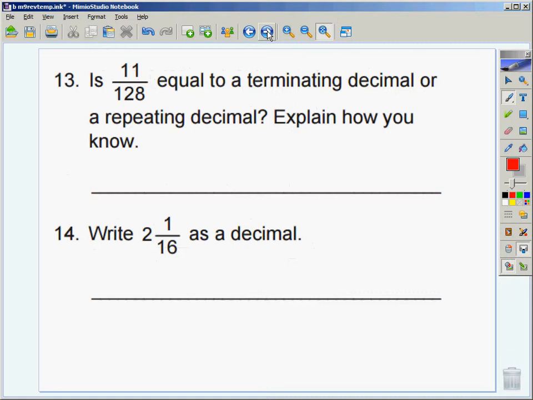13, although you might have a problem that's similar to this, it says equal to a terminating decimal or a repeating decimal. You'd actually take 128 and divide it into 11.